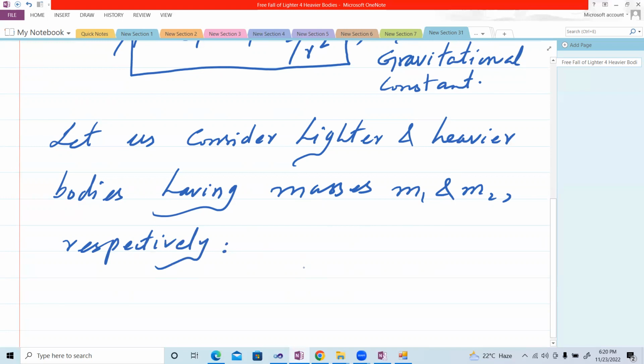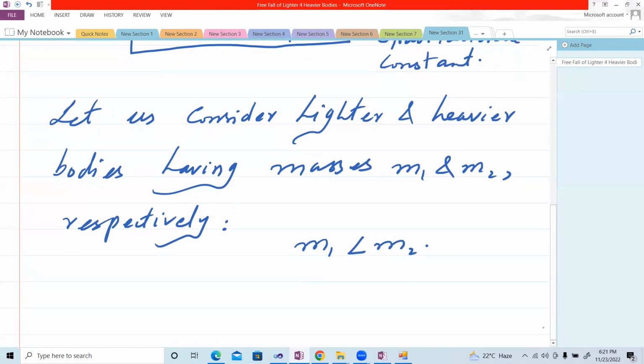That means M1 is less than M2, right? Means the body having mass M1 is lighter and the body having the mass M2 is heavier, okay?